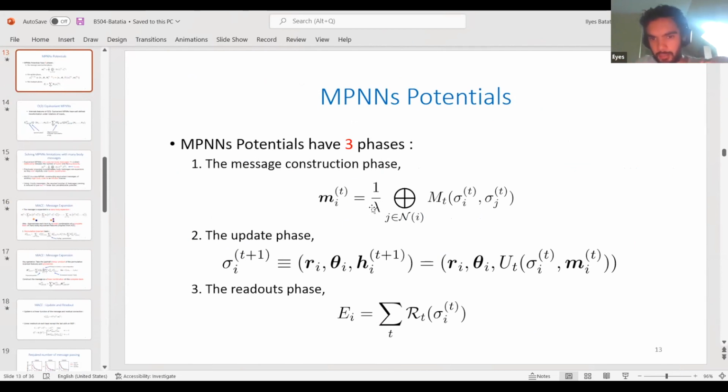Because our lambda is 1 over the average size of this set, so the average number of neighbors, and it's not 1 over the square root, but 1 over n, then it decreases with the number of message passing steps, because each time you divide the norm of your message by the square root of n.